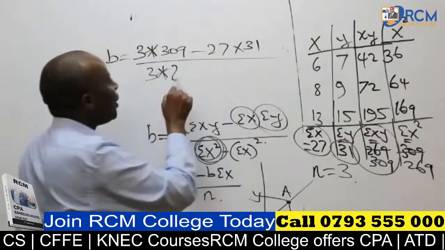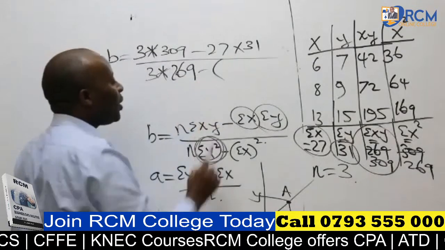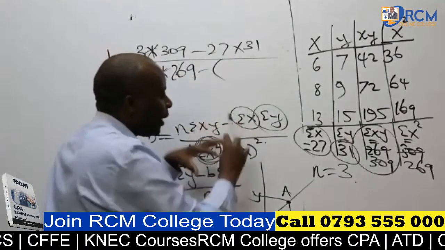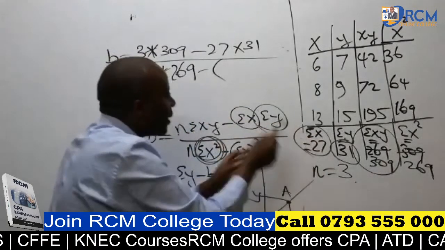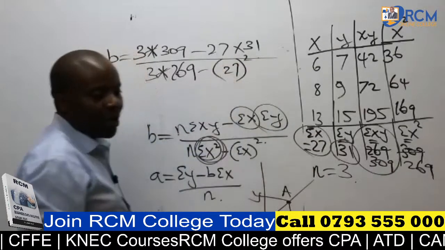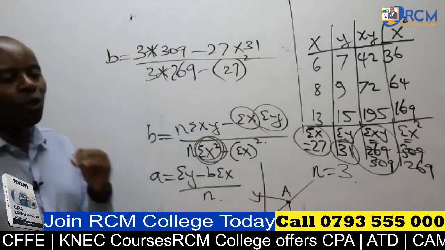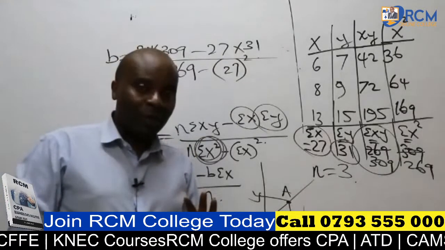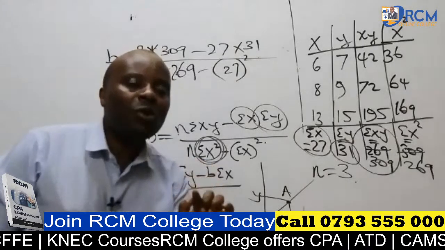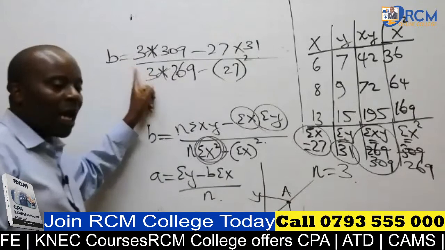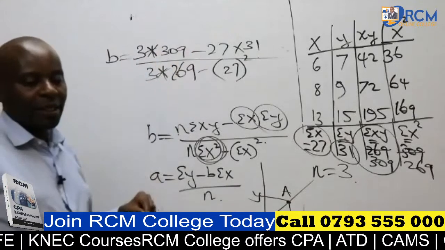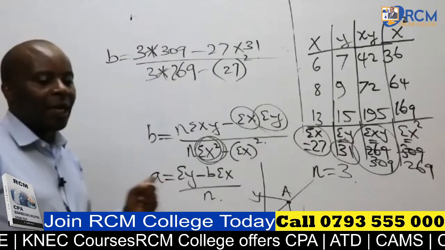So it is 269 minus, in brackets, summation of x, which is 27, and then outside the bracket we square. So could you kindly do me a big favor and give me the value of the numerator using your calculator?